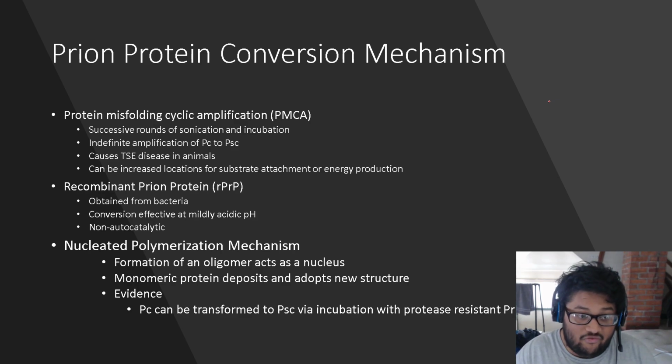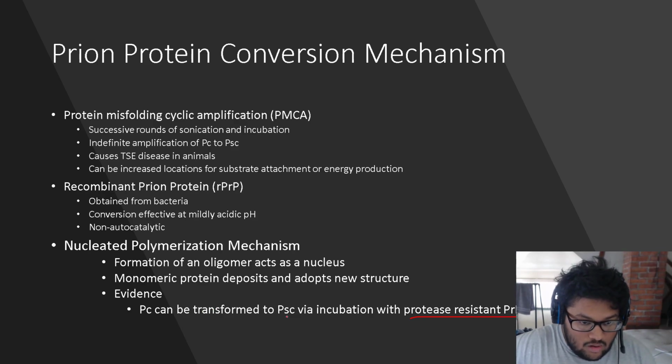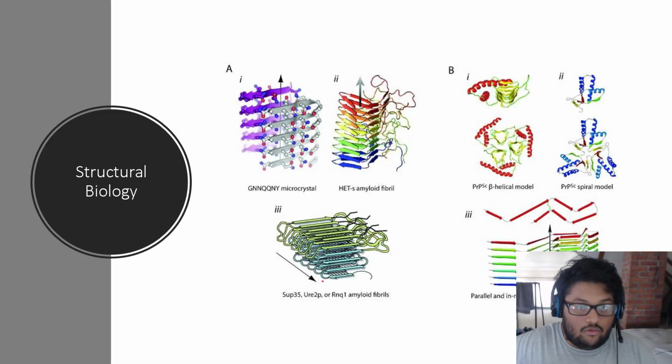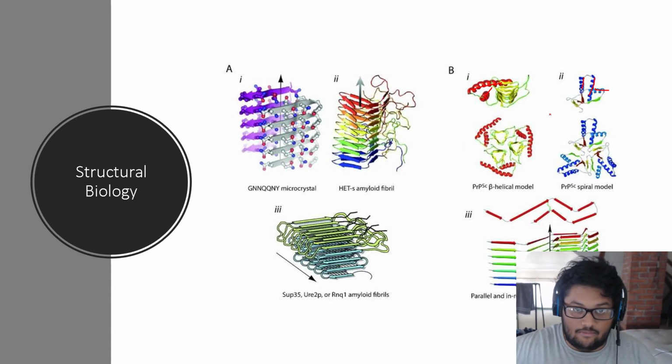And the evidence of that was when they put PC with protease resistant PrP, even though a lot of PSC was not present, PC still turned into PSC. So this is what I was talking about with the structural biology and the autocatalytic. You can still see over here there are still signs of PC in the PSC molecule.